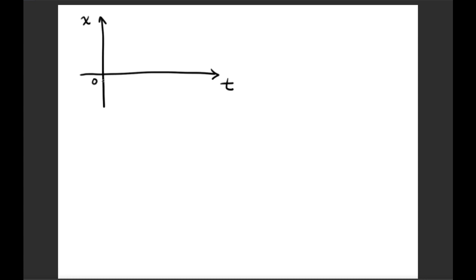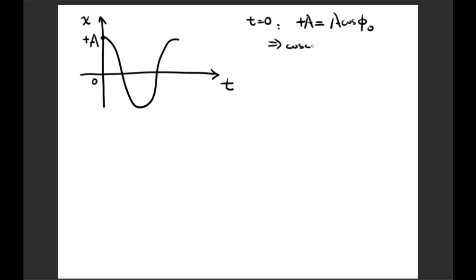At t equals 0, the object is here, at the maximum displacement, and its oscillation looks like this. When t equals 0, we know x equals positive A, so that equals A cosine phi naught.